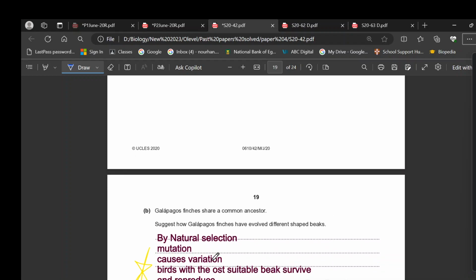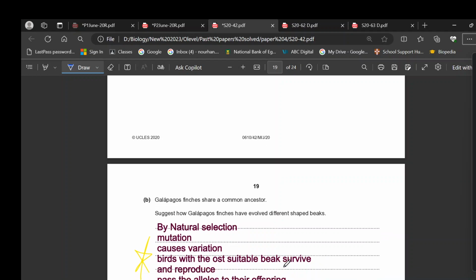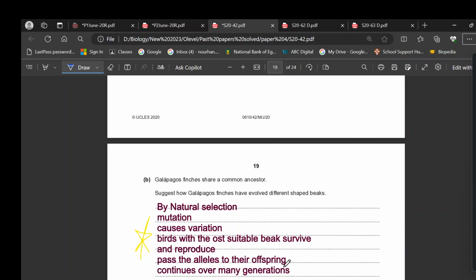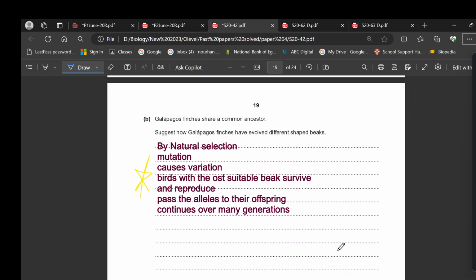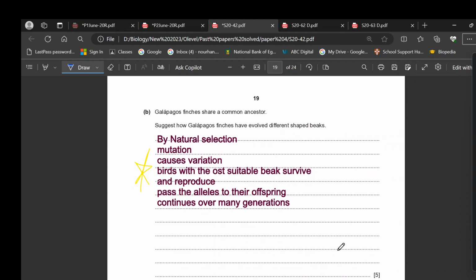The birds with the most suitable beak in this area will survive and reproduce, and pass the allele to the offspring. This continues over many generations. This is always the answer for changes in features. Okay.